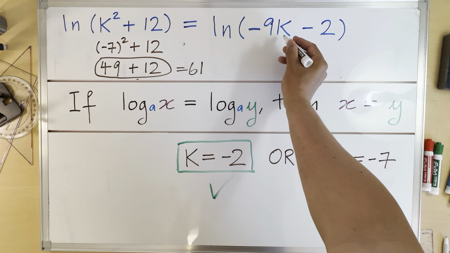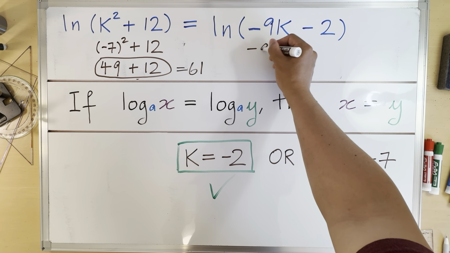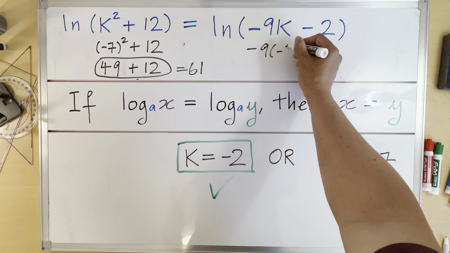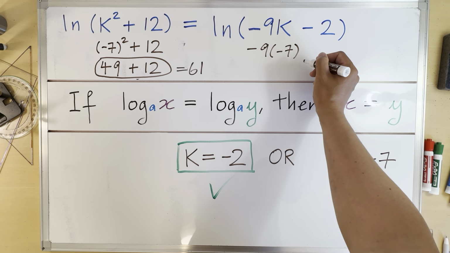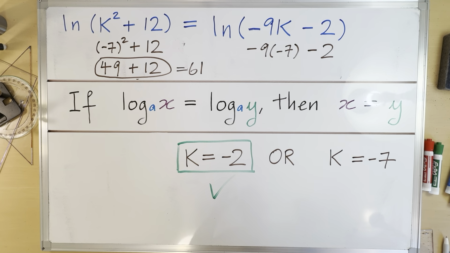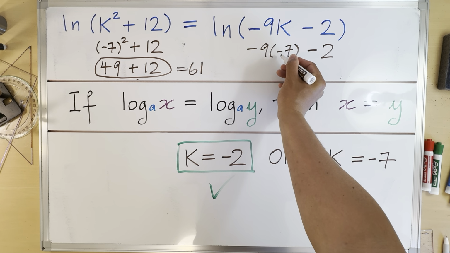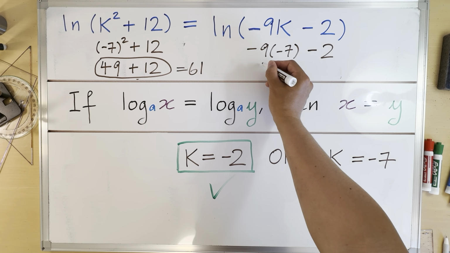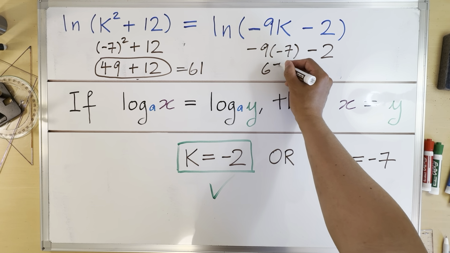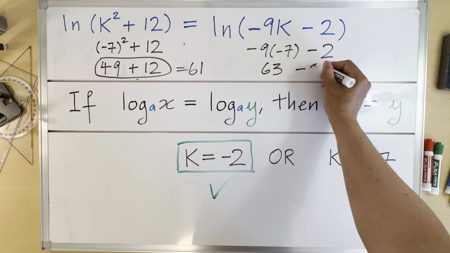Negative 7 plugged into k would give us negative 9 times negative 7 minus 2. And so, therefore, negative 9 times negative 7 would give us positive 63. And we're going to subtract 2 from it.